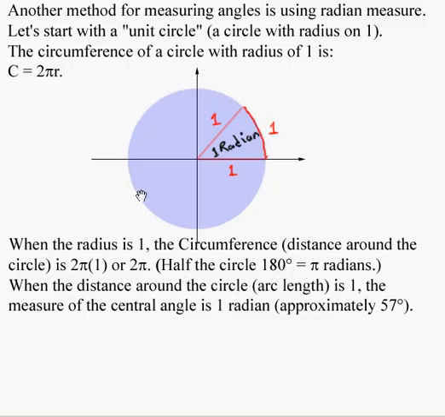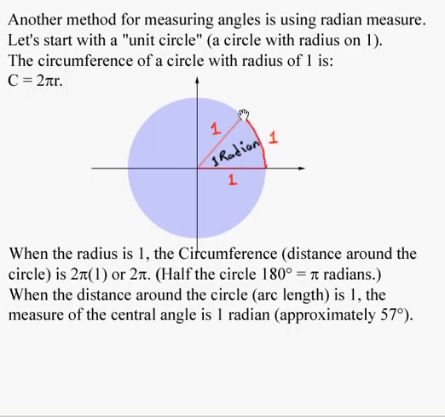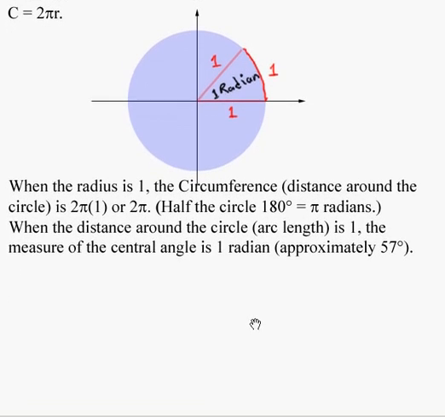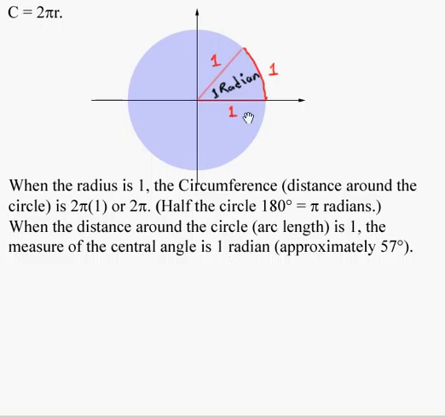We also recall that all the way around a circle is 360 degrees, or halfway around a circle, the semicircle, is 180 degrees. So that tells us that pi radians is equivalent to 180 degrees. Now, if you want to know approximately what 1 radian is, it's approximately 57 degrees.